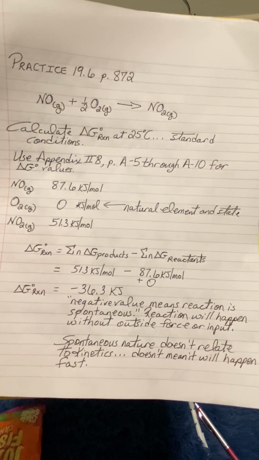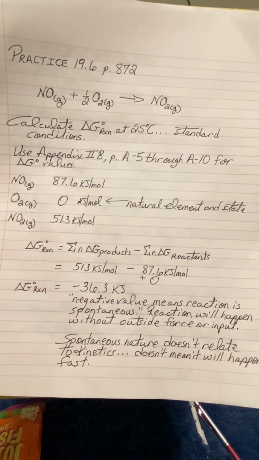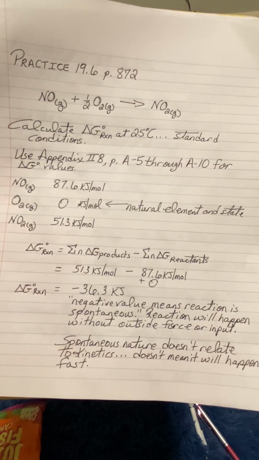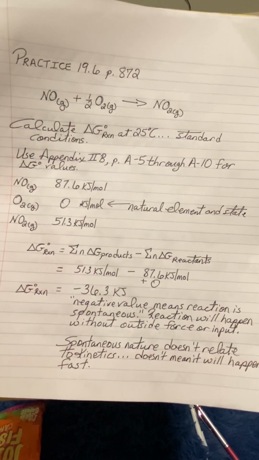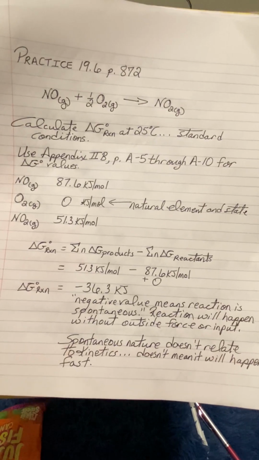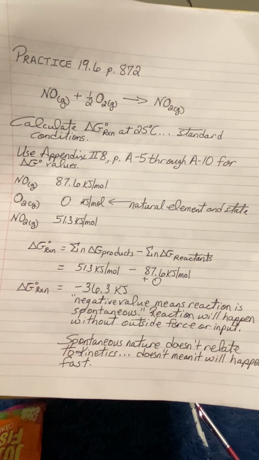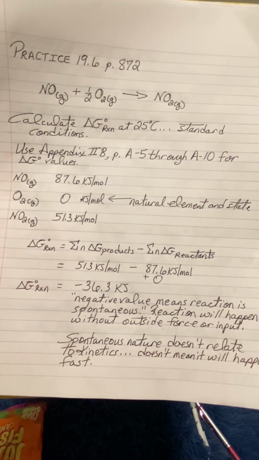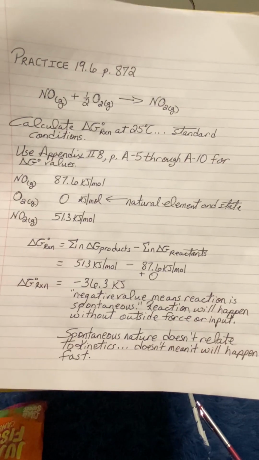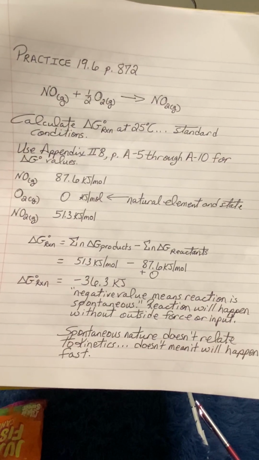Okay, we need that reaction balanced because we're going to get those values, and in this case they're all 1 and 1/2, but 1/2 times 0 is still 0. So we take all the product values, add them up. We take the reactant values, add them up, and subtract the two. Products minus reactants. Okay, we get a negative 36.3 kilojoules.